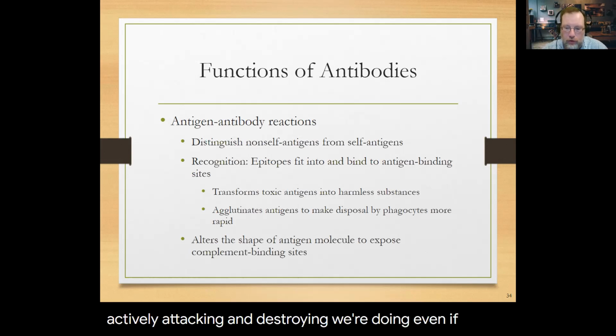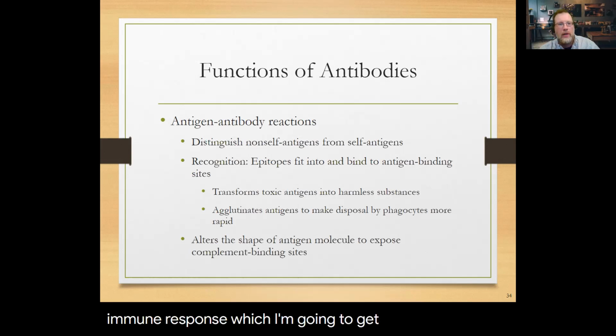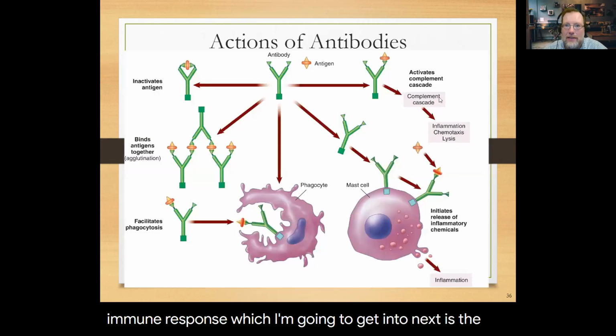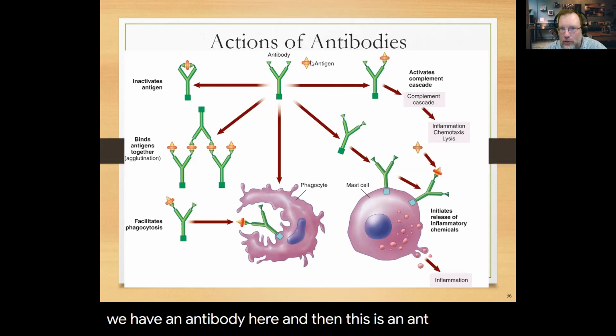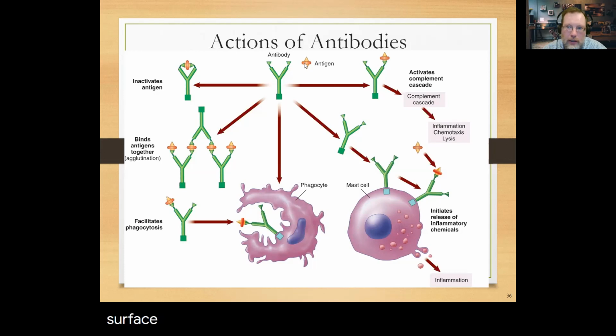Triggering even a further immune response, which I'm going to get into next, is this image here, this illustration. So we have an antibody here, and then this isn't an antigen per se. What it's showing is that these two triangles are the antigens. This red disc is going to be the cell or the cell surface, the cell membrane.